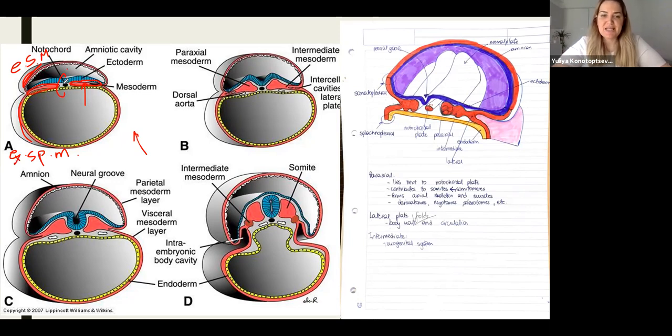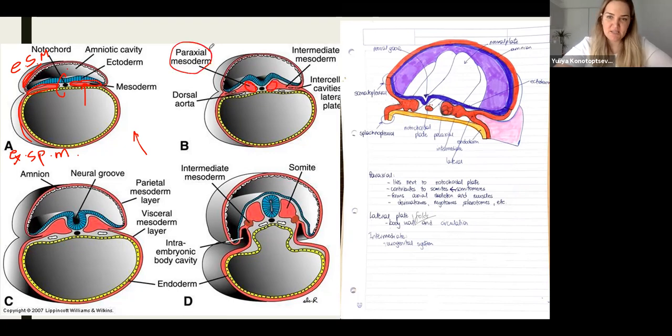Because notochord is in the center, we have said that it divided your mesoderm into two. The intra-embryonic mesoderm starts to differentiate further and divide into three pairs. That part of the mesoderm which is closer to the notochord, this first pair, is known as the paraxial mesoderm.